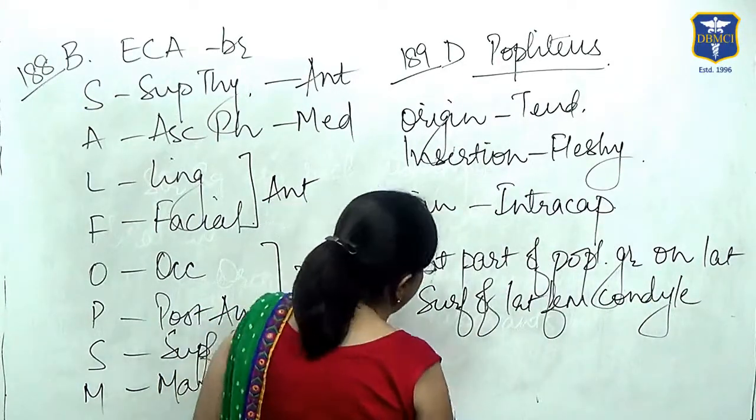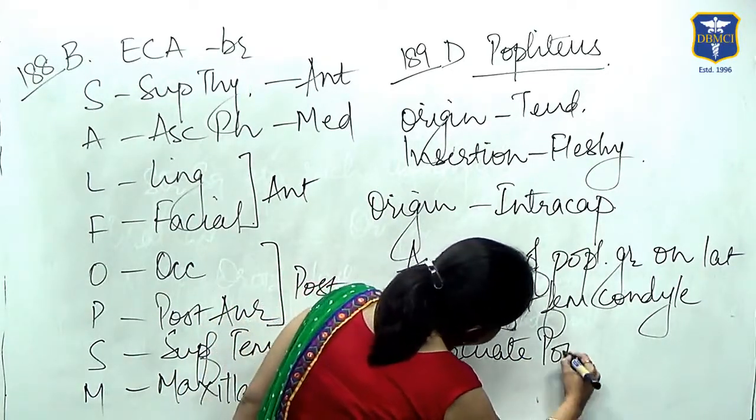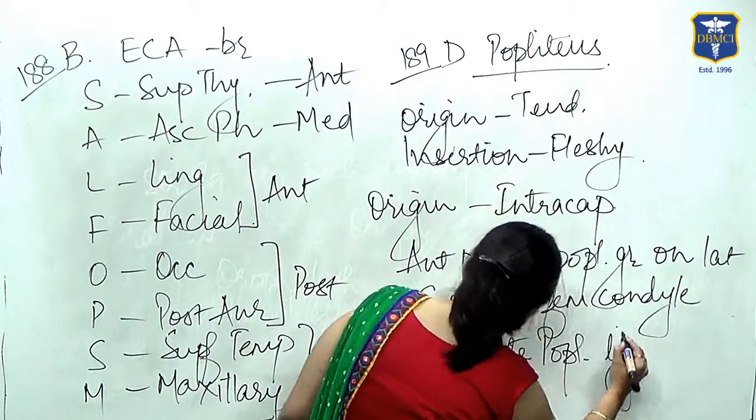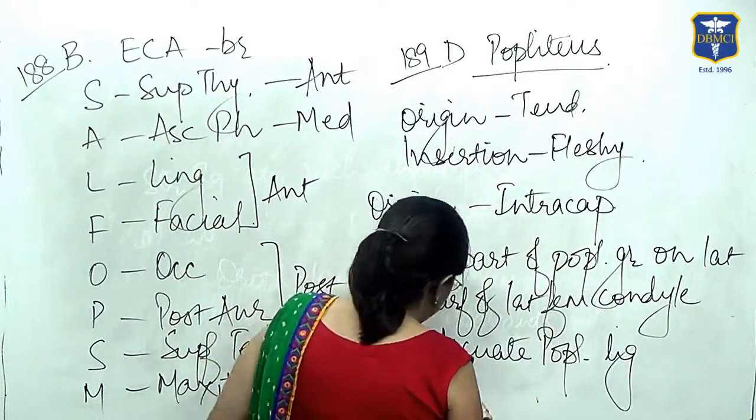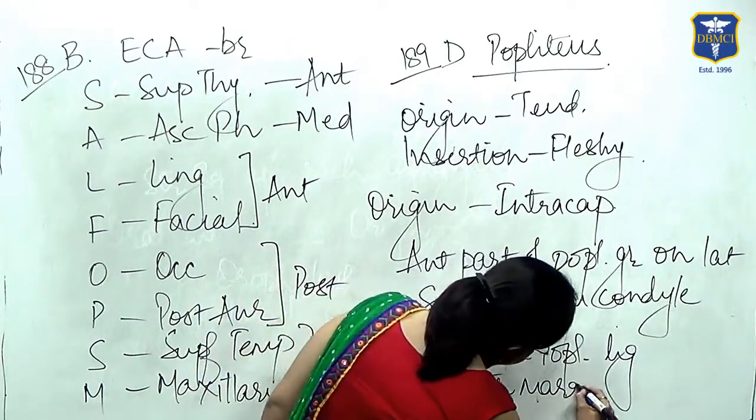Some fibers arise from the arcuate popliteal ligament and outer margin of the lateral meniscus.